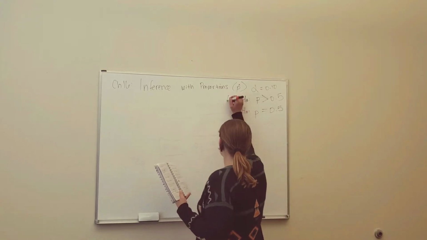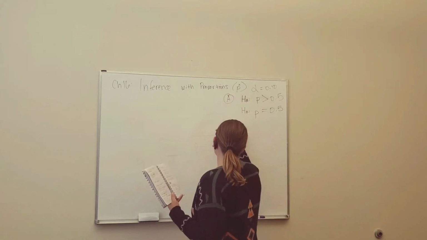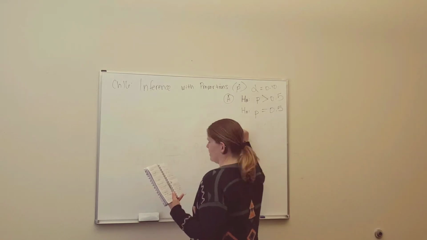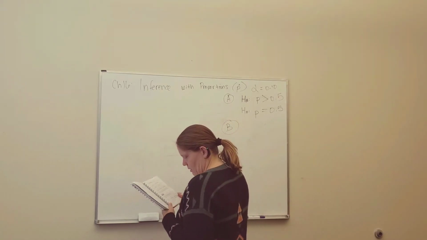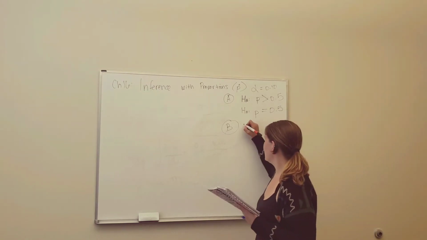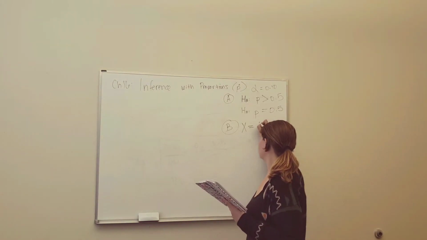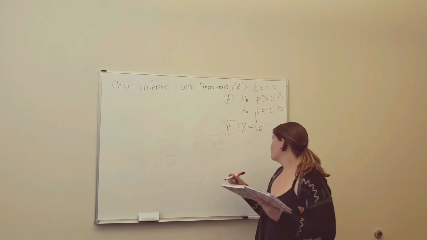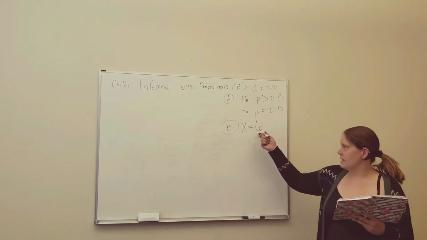So this is the first step. Then we calculate our test statistic. What do we need to calculate our test statistic? Well, the nice thing about the binomial method is that x equals the frequency with which the event occurred in our data set.